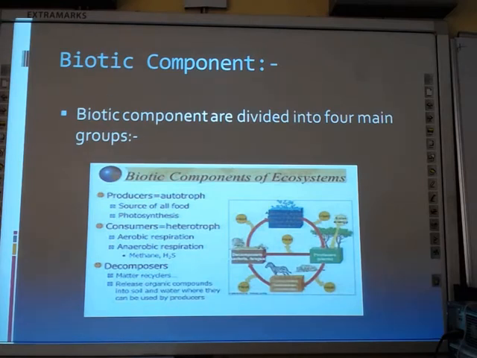Third is decomposers. As we all know, after some time or after spending a life, humans also die and plants also die. After that, what happens to the bodies of the humans and the plants? We know in some places we bury the body of human beings and plants also fall down on the soil.